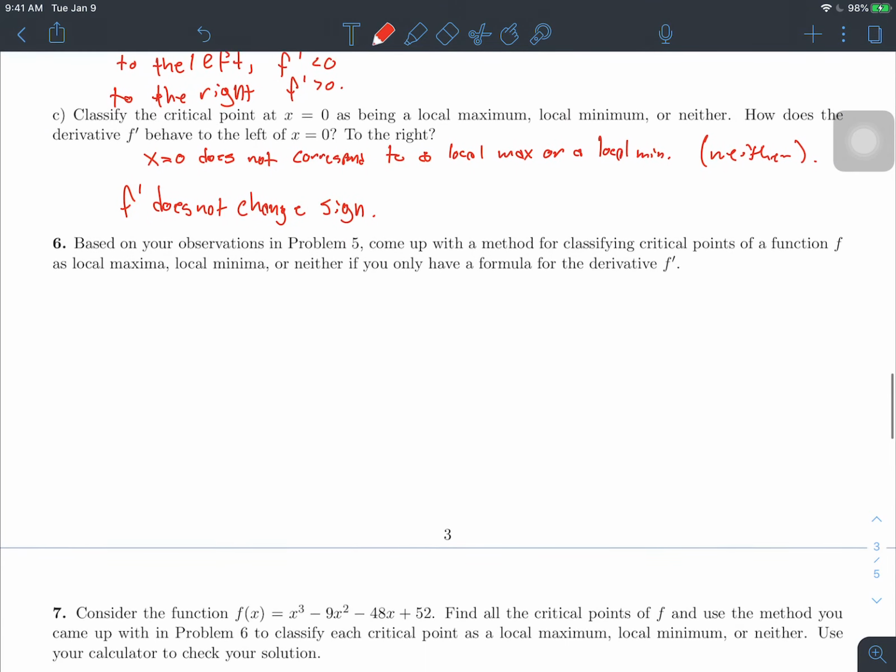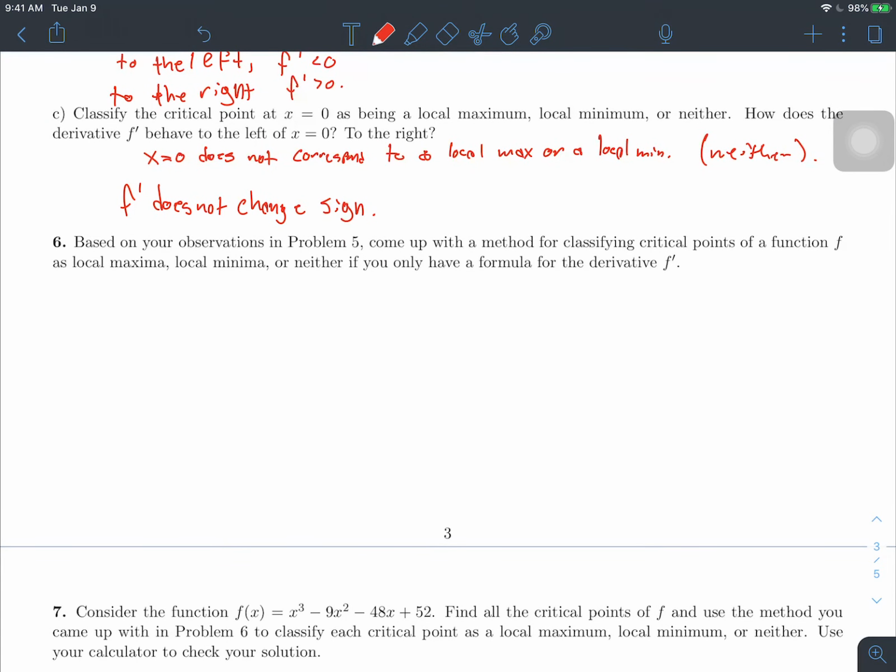So, based on our observations in problem 5, let's come up with a method for classifying critical points of a function f as local maxima, local minima, or neither.